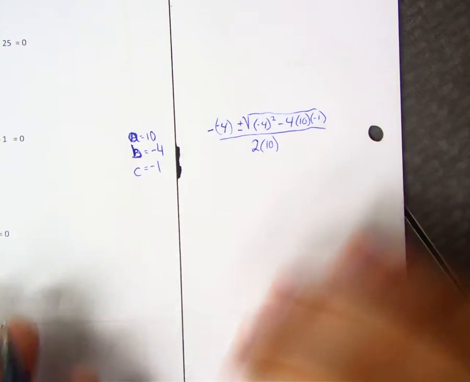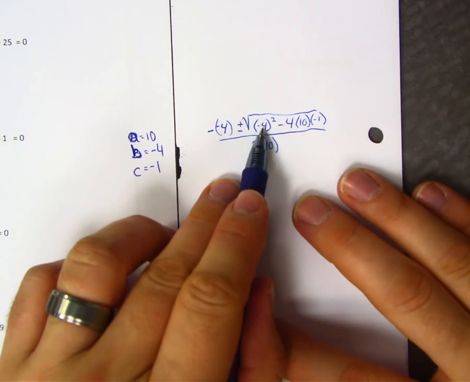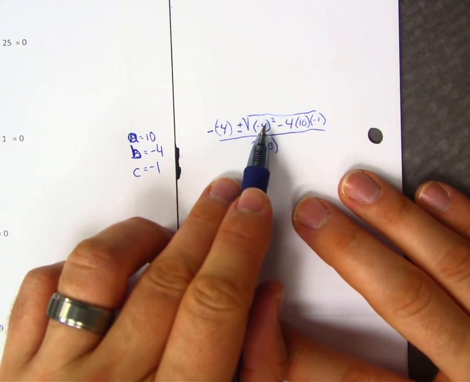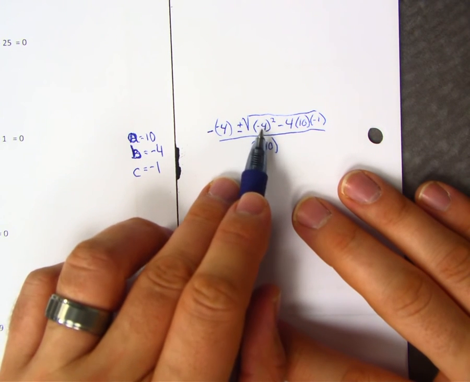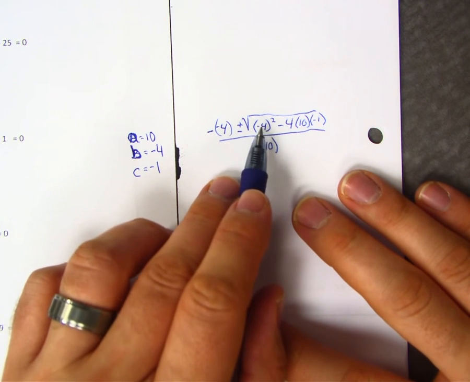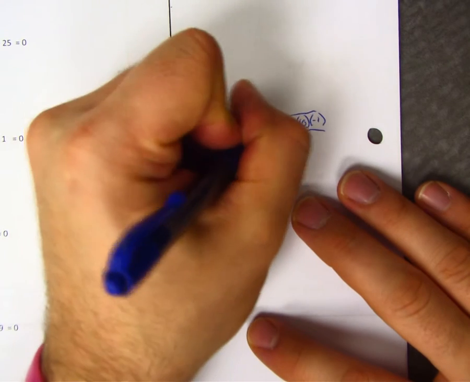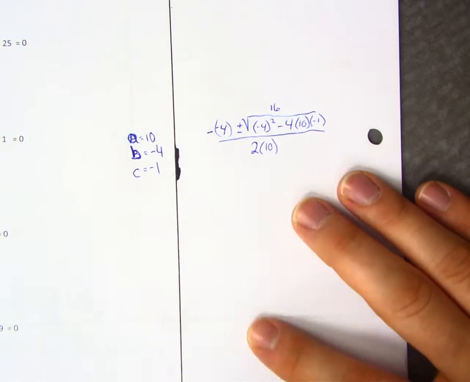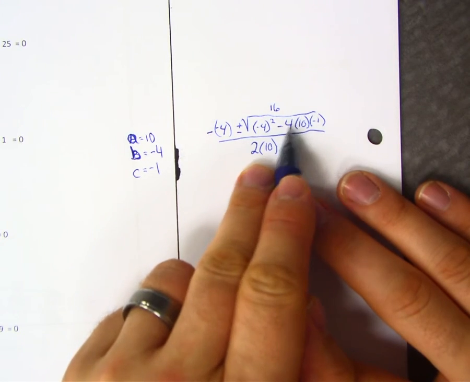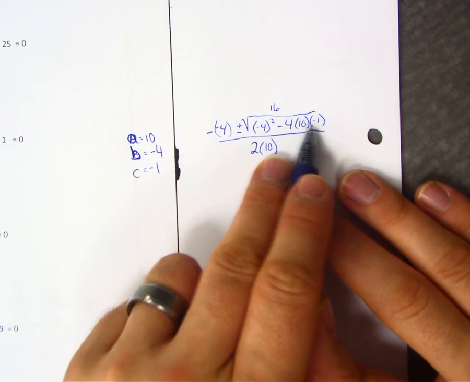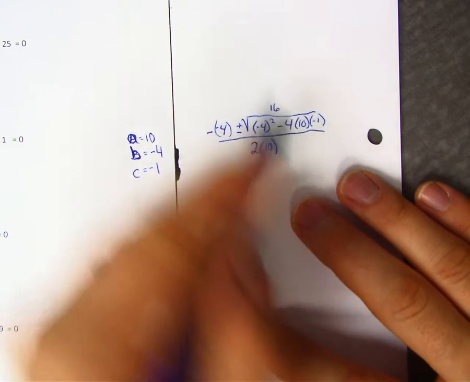All right? So now I'm just going to try to simplify this. Negative 4 squared. A lot of people make mistakes with this. Negative 4 squared is 16, not negative 16. I'm going to put the 16 right above it. And then negative 4 times 10 times negative 1, we're actually going to get a positive 40.